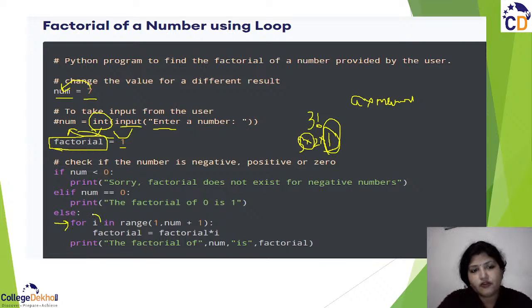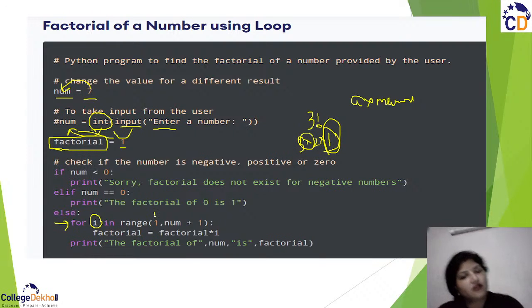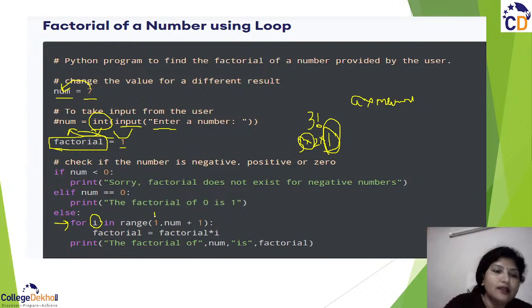Now for the for loop we start with the i part. i is starting with 1, and then the end is num plus 1.